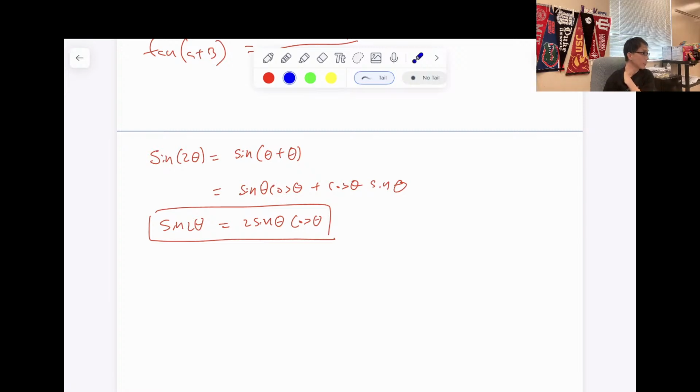Is that okay for the double angle identity? That's pretty easy. For me, in case I forget, I know how to prove it. So at worst, you can always prove it. But it's much better to memorize it, and it's not hard to memorize. But if you don't memorize it, you can prove it. That's a nice thing about math: I don't remember a lot of equations.